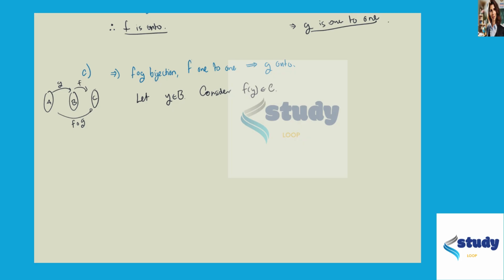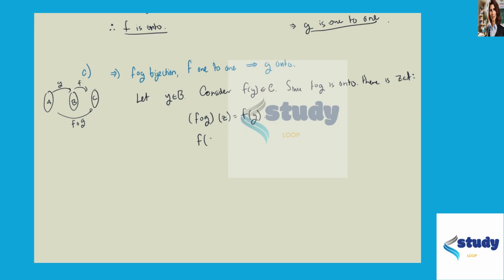So f of y is an element of C, and since f composed with g is a bijection, in particular it is onto, then we can find an element z of A such that f composed with g evaluated at z is equal to f of y.